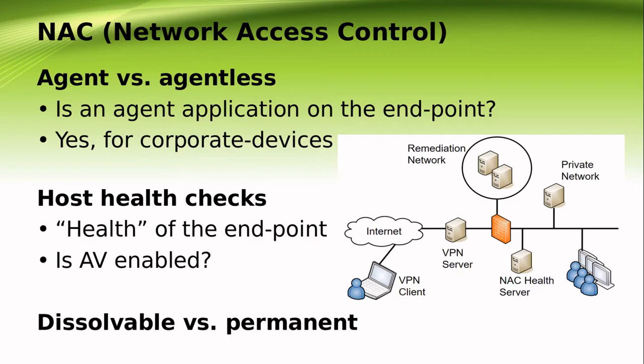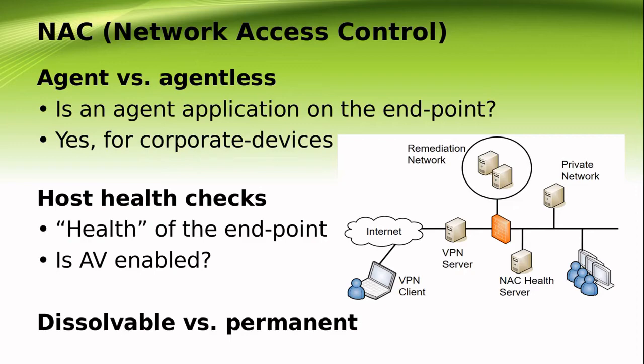You can also see the picture on the right side. When a VPN client accesses the network, the VPN server queries the NAC health server to determine required health conditions. The VPN server also queries the client for a statement of the client's health. If the client meets all the health requirements, the NAC system allows the client to access the network.